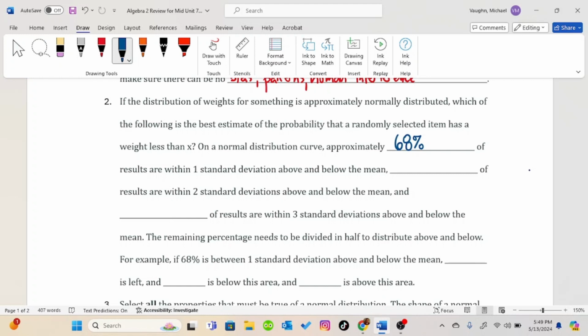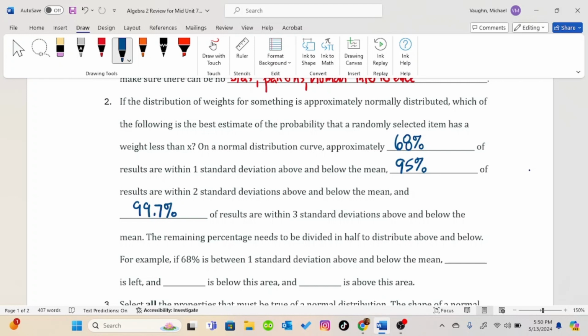Then 95% of results are within two standard deviations above and below the mean. And finally, 99.7% of results are within three standard deviations above and below the mean.